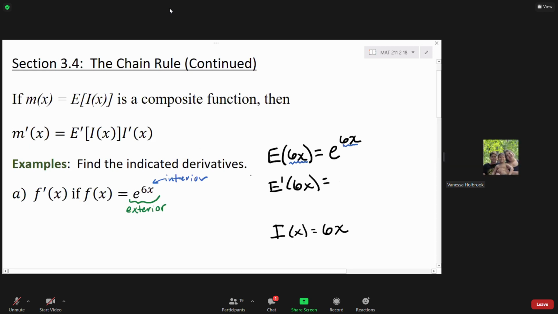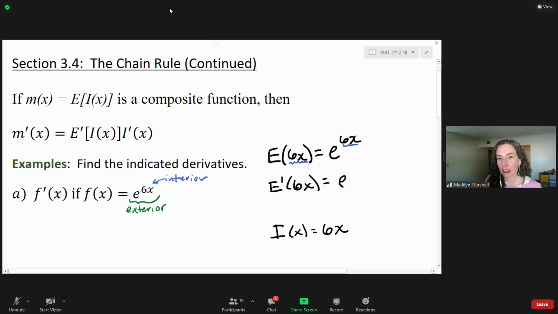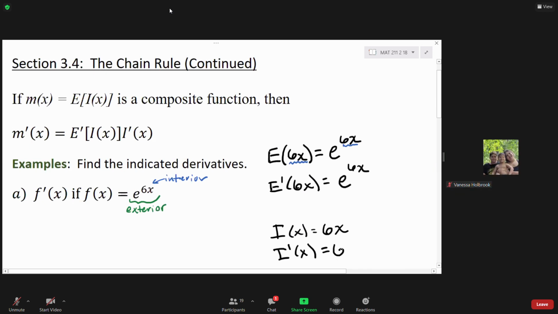The same thing, exactly. So the derivative of e to the 6x is just e to the 6x. So that's our e prime of 6x thing. Whereas what is the derivative of the interior? 6. Just 6, exactly.